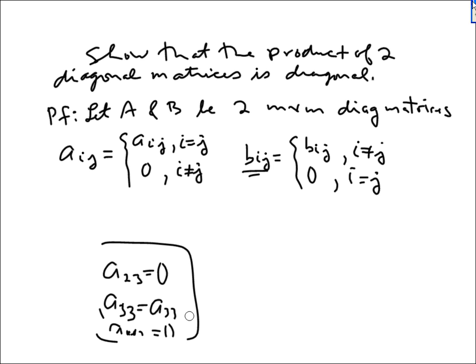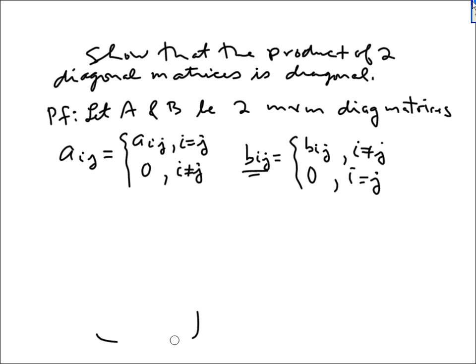Okay, let's get rid of this on the bottom. How about we make the statement that C is AB? Let C equal AB.